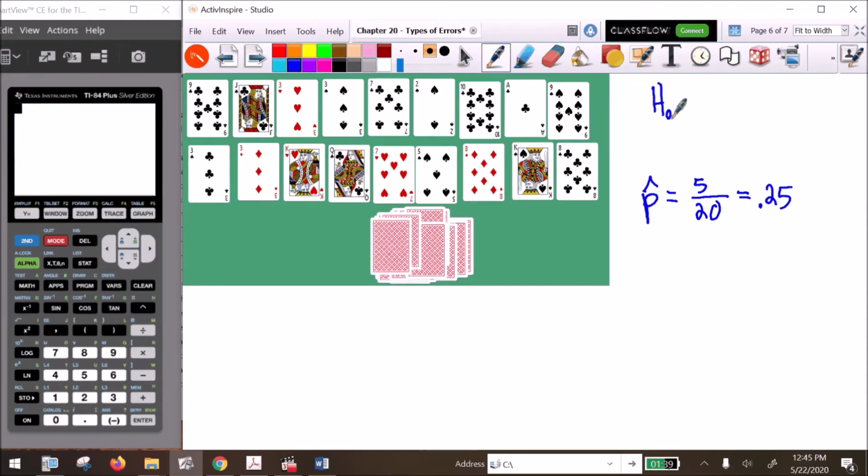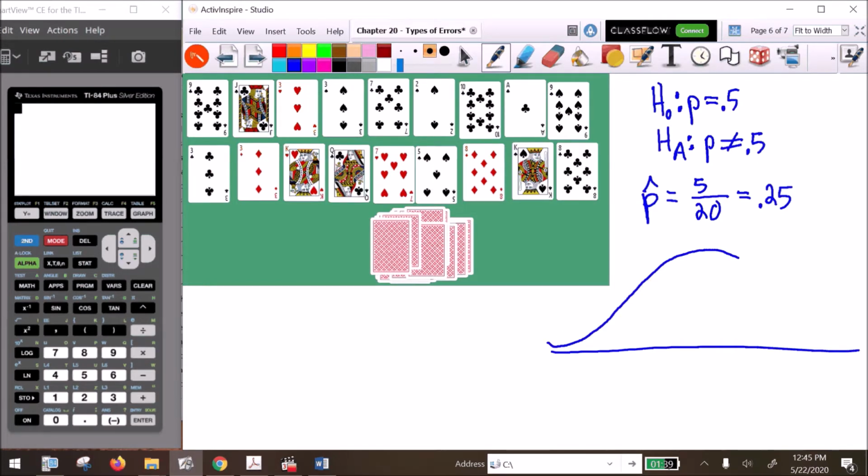Again, our null hypothesis was that the proportion of red cards is equal to 50%, and our alternative hypothesis was that the proportion of red cards is not 50%, it's something else. We're going to conduct a hypothesis test. So what we do is we build a normal model, and we center our normal model around our null hypothesis.